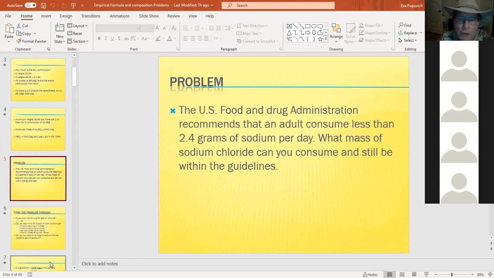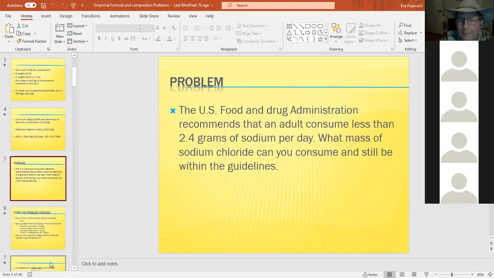What mass of sodium chloride can you consume and still be within the guidelines? 2.4. That's sodium. Sodium chloride weighs more than sodium, doesn't it? Yeah. So how are we going to figure out this problem?